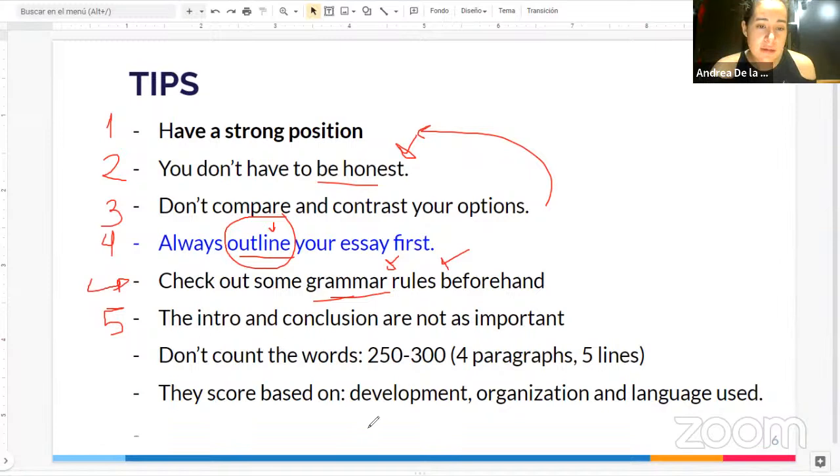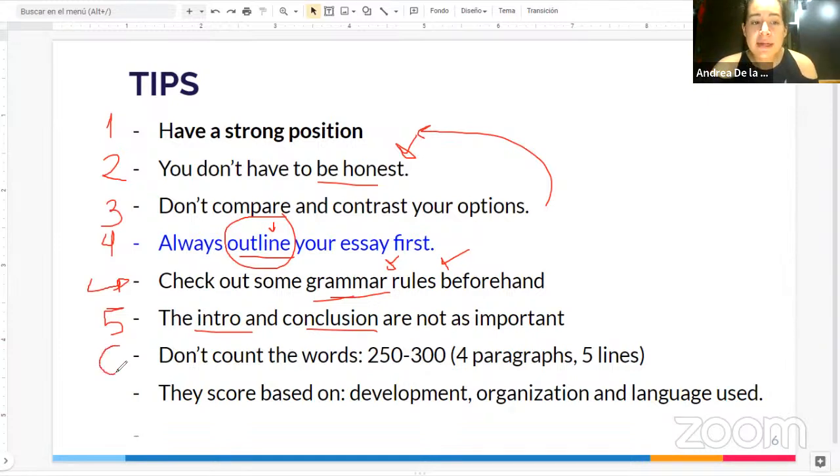So it isn't about creativity, or about having an interesting, fun, and different essay. It's about demonstrating your writing skills. Not creative writing, but academic writing. So don't focus too much on the intro and conclusion because they're not as important as the body of your response.